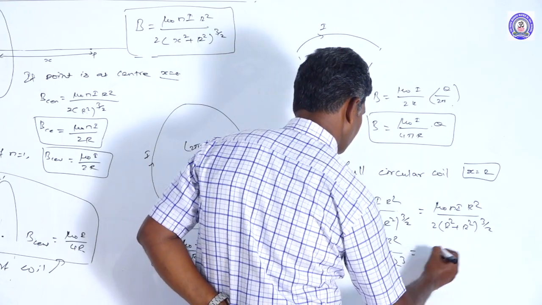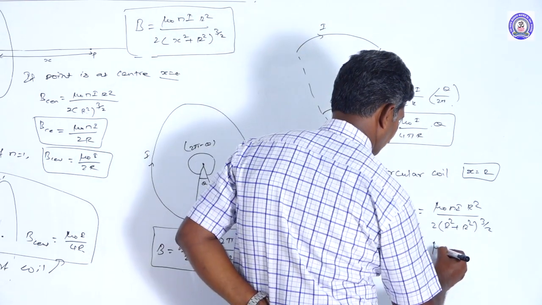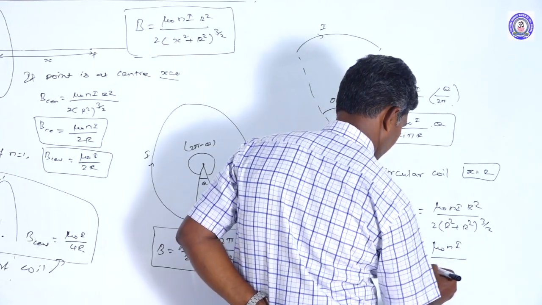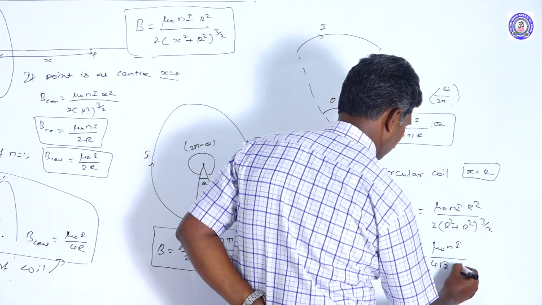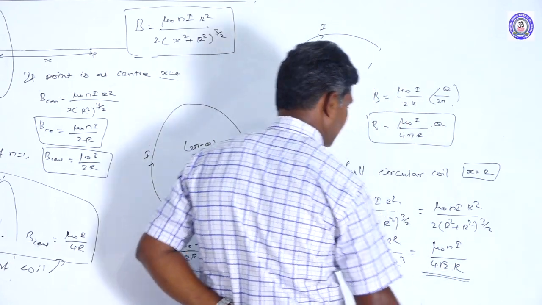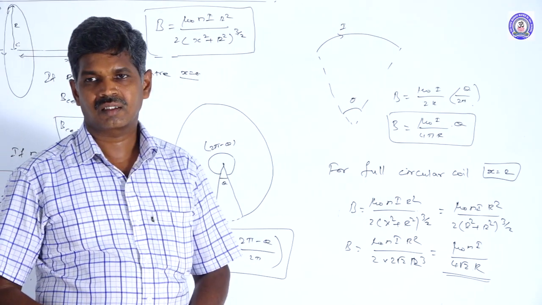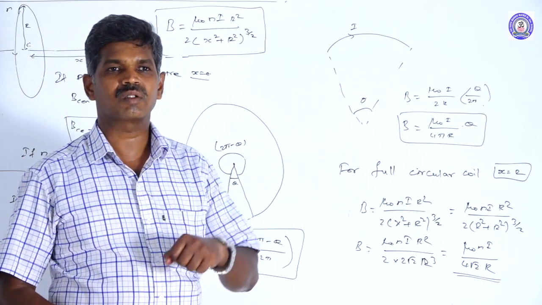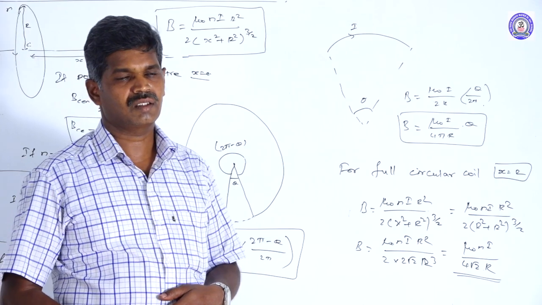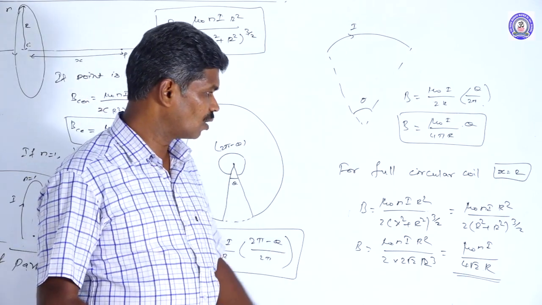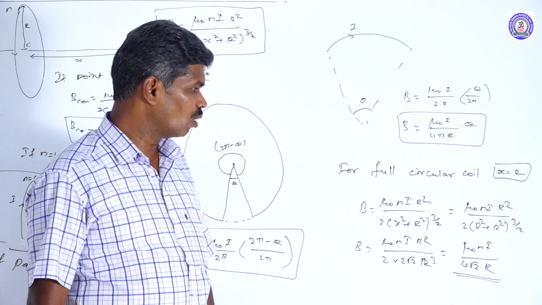From that we get mu naught N I by 4 root 2 r, which is the magnetic induction along the axis of the coil at distance x equal to the radius of the coil.